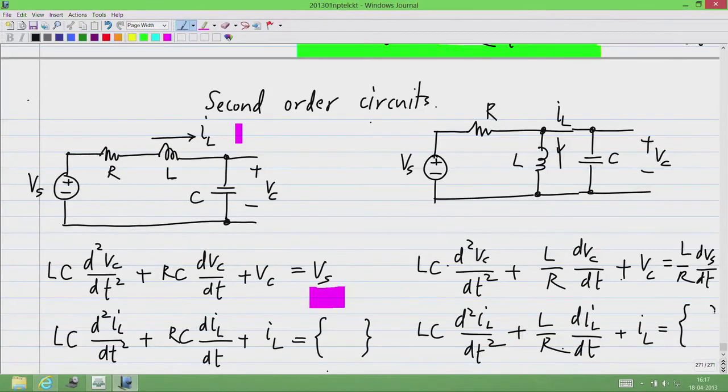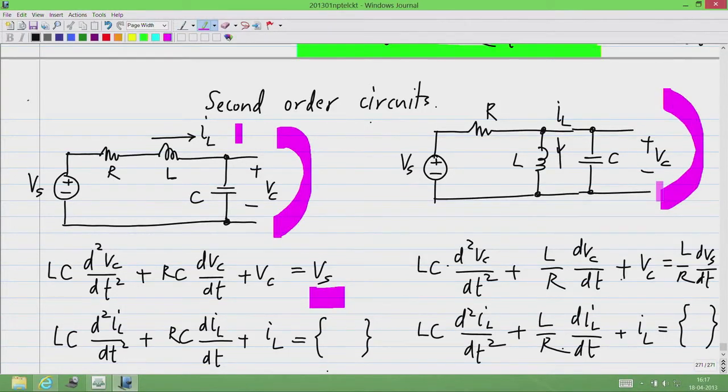And on the right hand side I will get some other function of Vs. Now, you see also that for this particular circuit and this particular circuit, the left hand side looks different. That is, the middle term for instance is RC times first derivative in the left side case and L by R times the first derivative in the right side case.